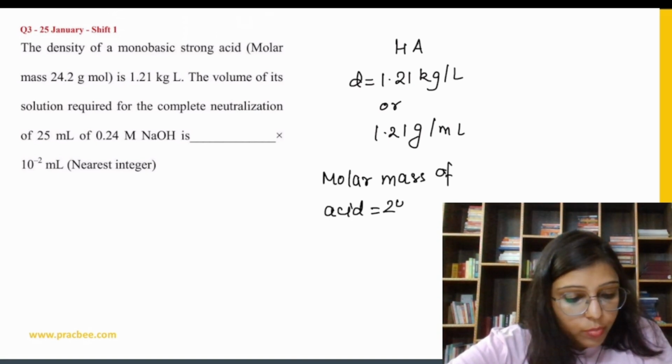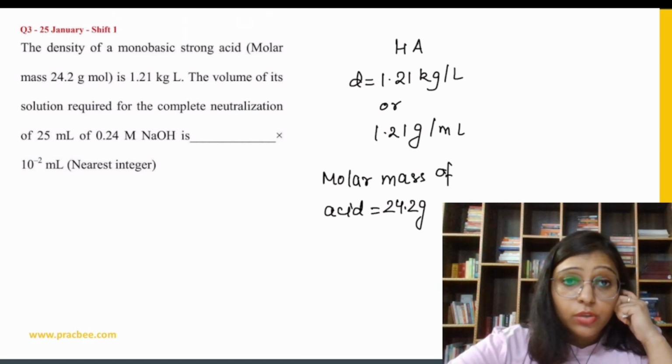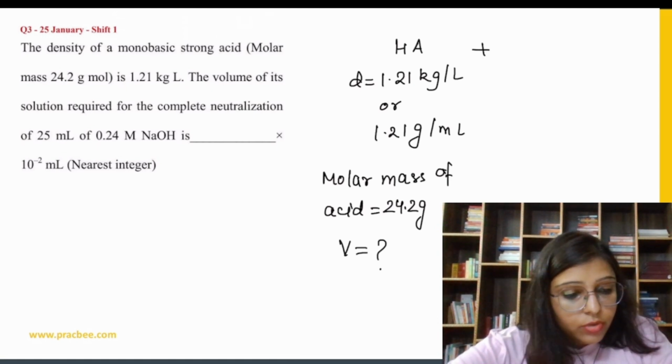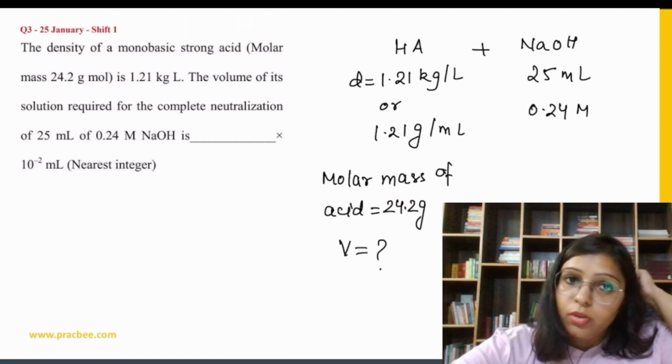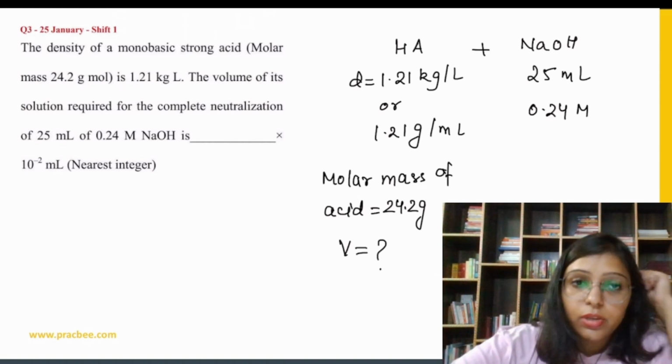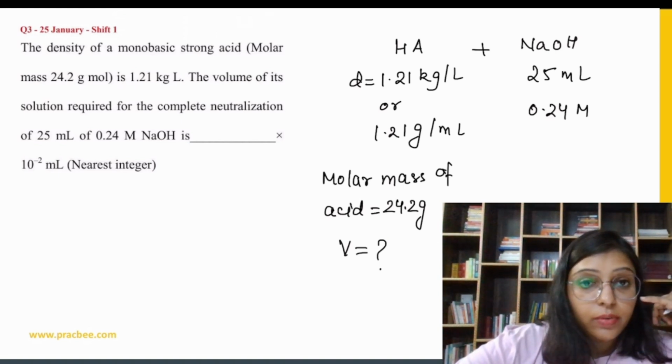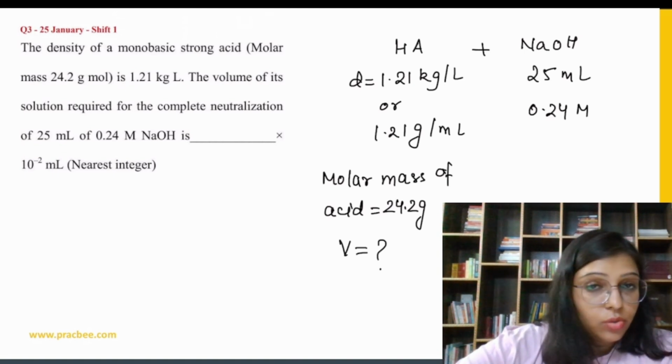The molar mass of the acid is 24.2 gram. The question says, how much volume of this solution is required for the complete neutralization of 25 ml of 0.24 molar NaOH? This is the neutralization reaction. We cannot apply the equivalent concept or the molar concept here, because the moles of monobasic acid are not given.